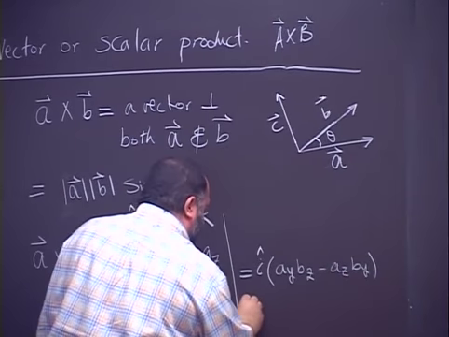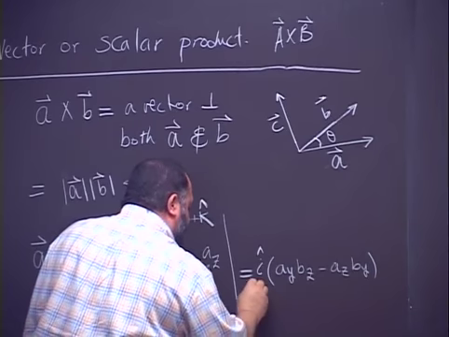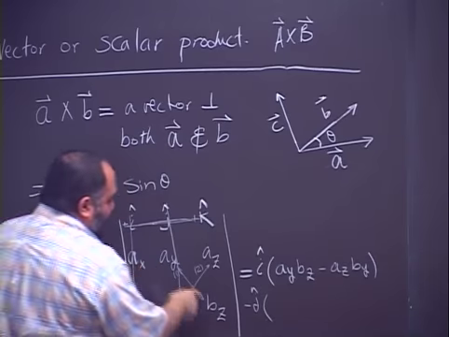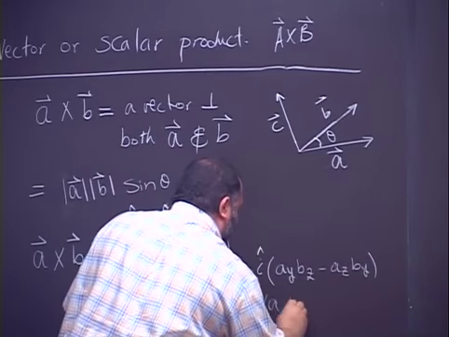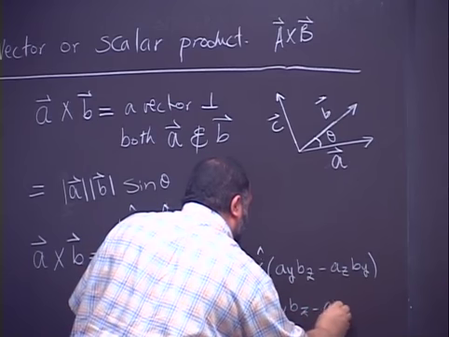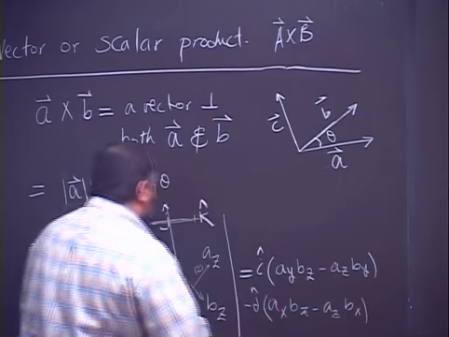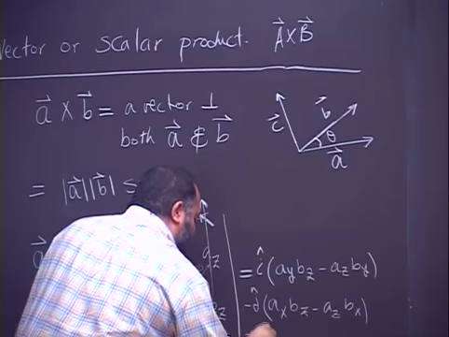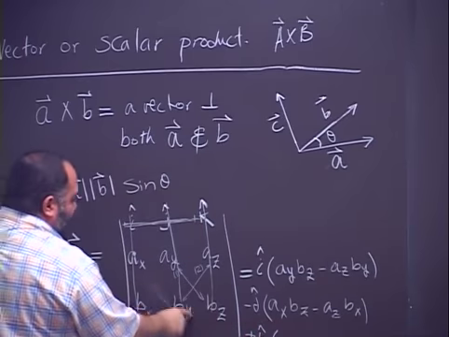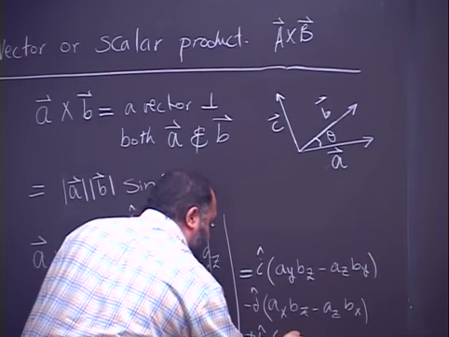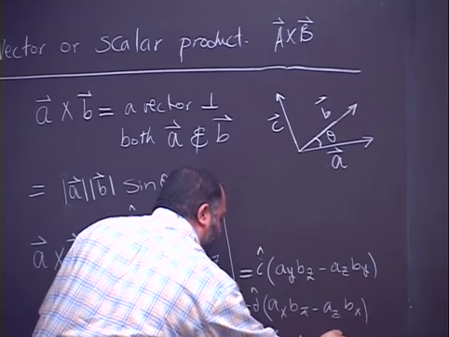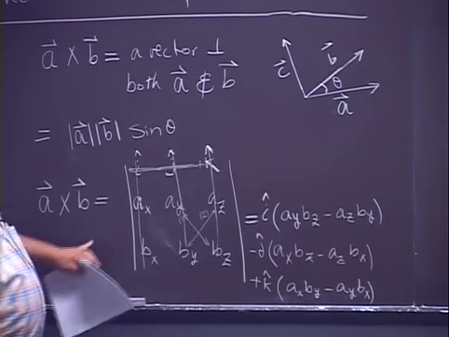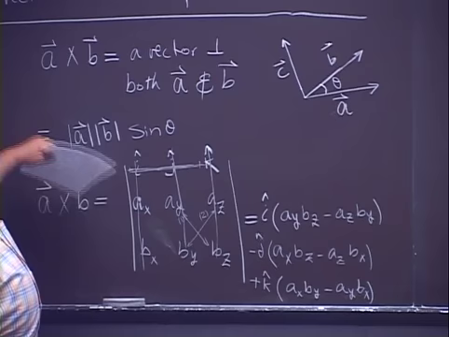Then you have minus j, which is the j component, and you cross everything here and here, so it will be AX BZ minus AZ multiplied by BX. Then you will get the third component, which is plus k, and it will be AX BY minus AY BX.